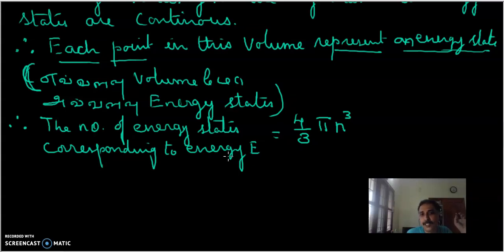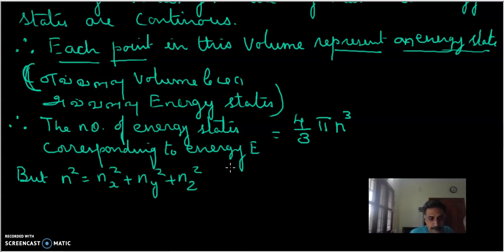Therefore the number of energy states corresponding to energy E is 4 by 3 pi n cube, right? Okay, but இதில் ஒரு கண்டிஷன் போடணும். But n square is equal to nx square plus ny square plus nz square. All these should be positive. All are positive integers இருக்கணும். All are positive integers only.